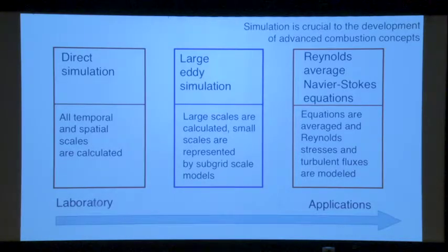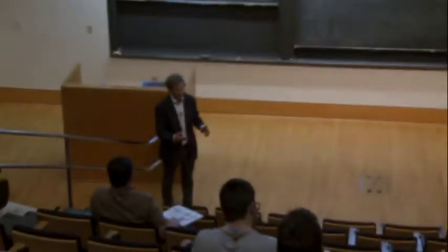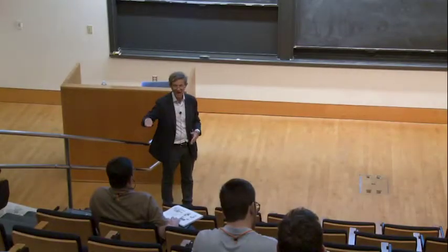Now we have 3 groups of simulations. If we look at applications, a lot of the applications are done with Reynolds averaged Navier-Stokes equations. This is for turbulent combustion, for example. You take the Navier-Stokes equations and you use averaging.